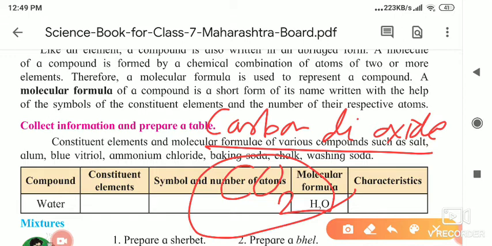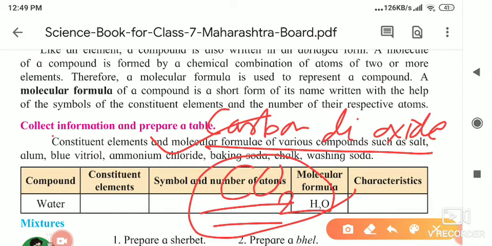At the time of writing a chemical reaction, if we use names like CO2 and H2O, then it becomes easy for us to study it. Also, from the name carbon dioxide or sodium chloride, we do not understand how many atoms are present.